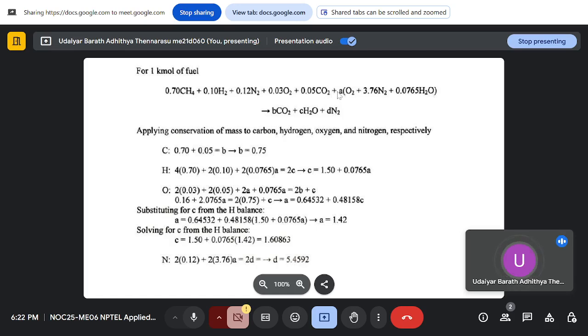That times A equals, we have only CO2, H2O and nitrogen: B CO2 plus C H2O plus D N2. So that is the product.